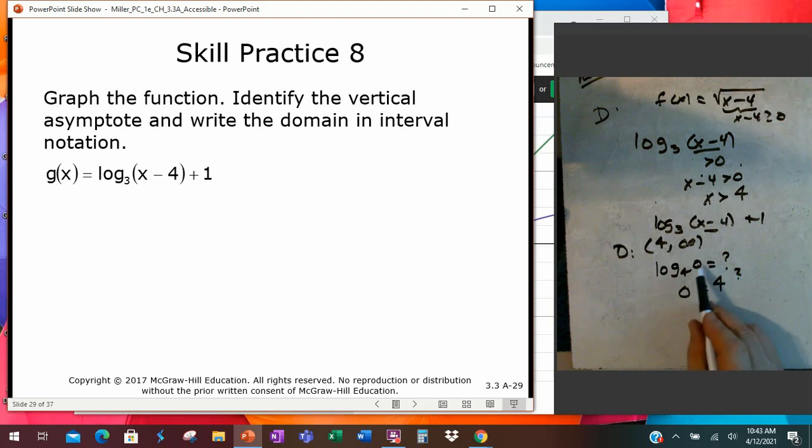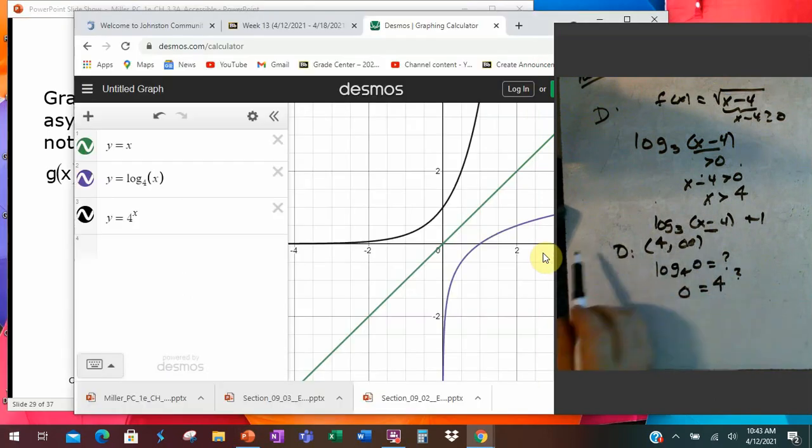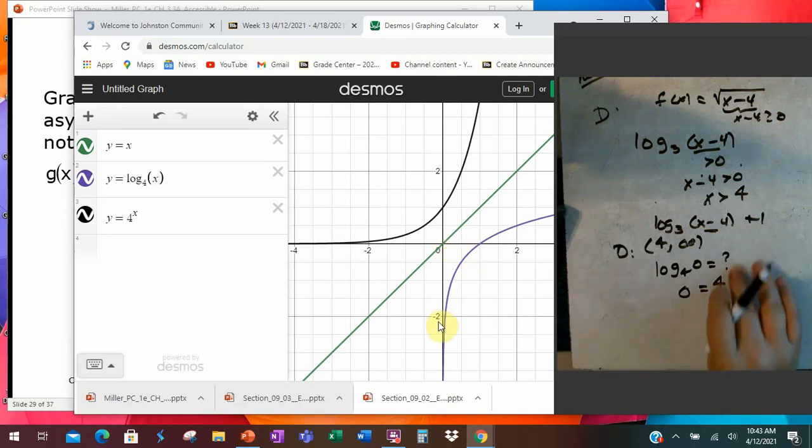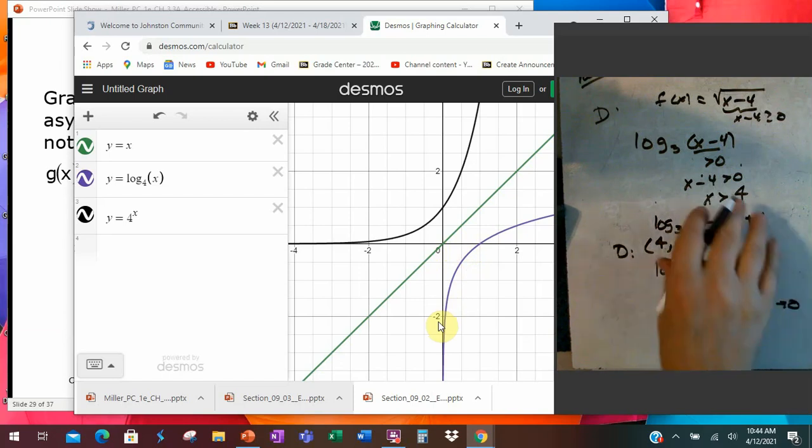As I start getting closer and closer to 0, the y value goes to negative infinity. It gets closer and closer, it's not equal, but it goes to 0. That's what you're saying in equivalent form.